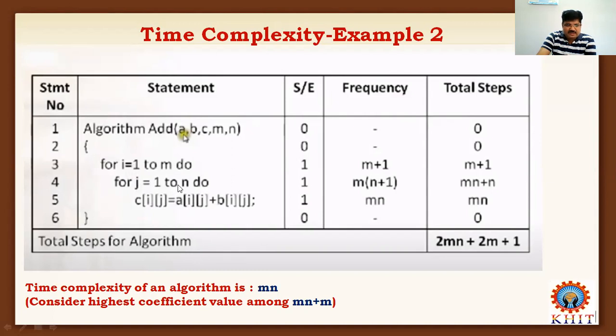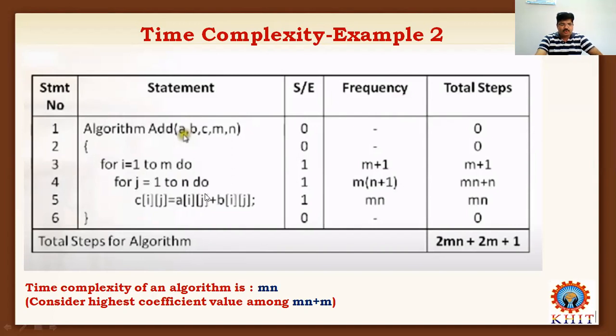So in this case it will require m into n plus 1 executions. The frequency count is m into n plus 1. And in statement number 5, we are adding two arrays.